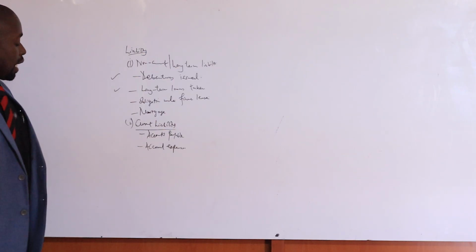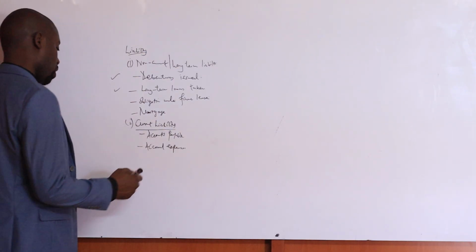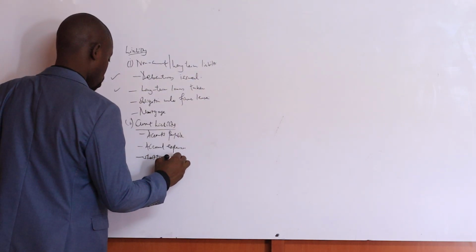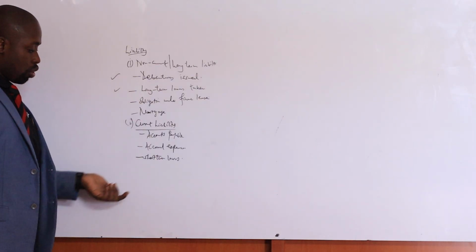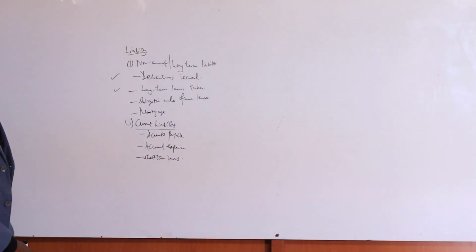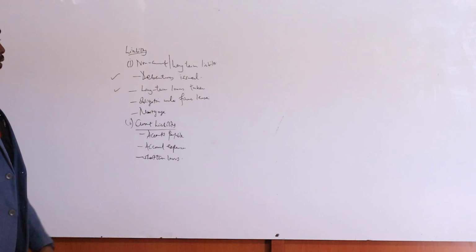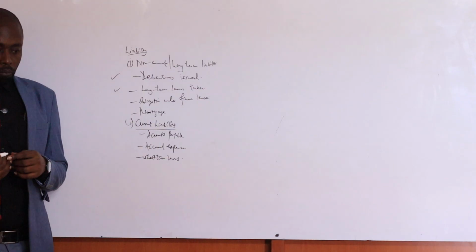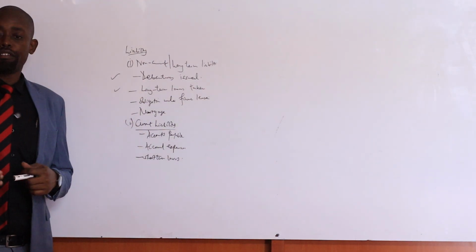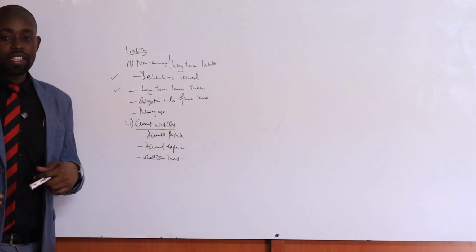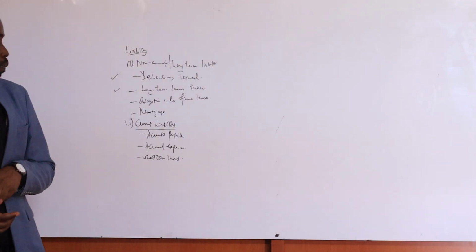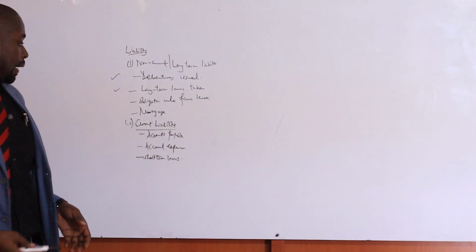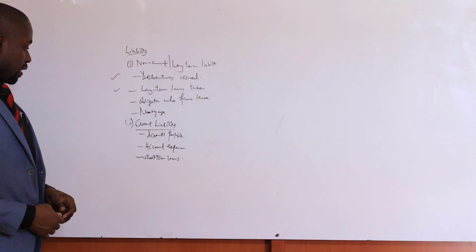That's a current liability. Then you have short-term loans. You can also have obligation under short-term leases, among others. I will give another example. When you've issued shares and you have made profits, the end of the year has come, you've promised to pay dividends, what you call proposing. You proposed dividends to shareholders.